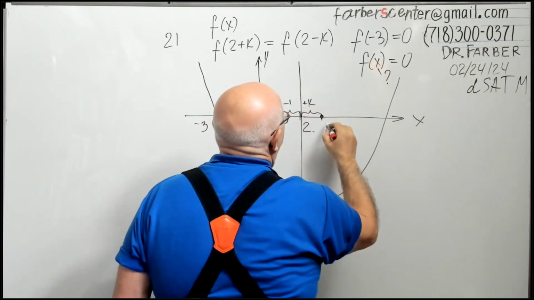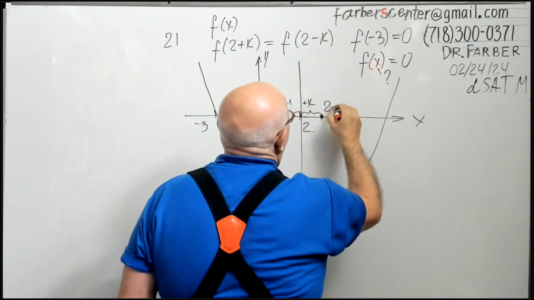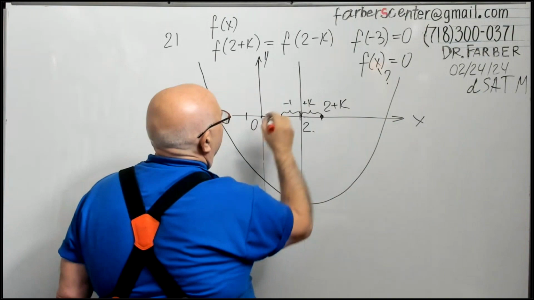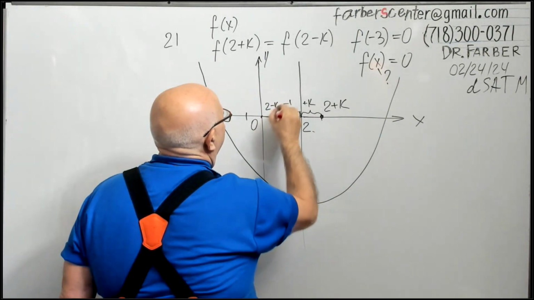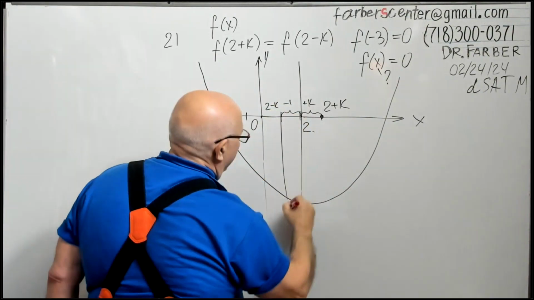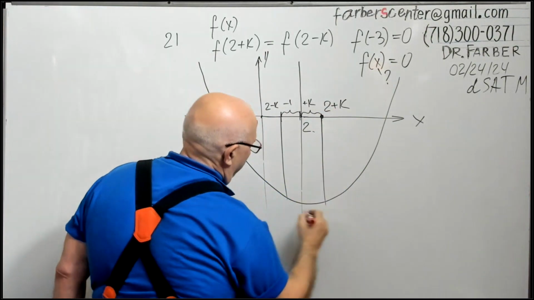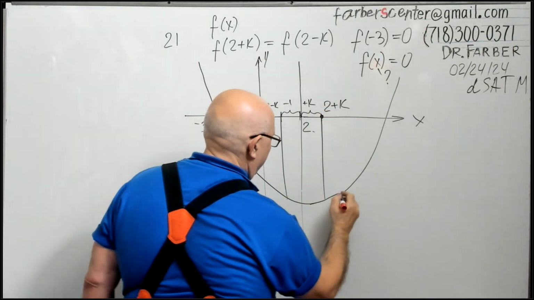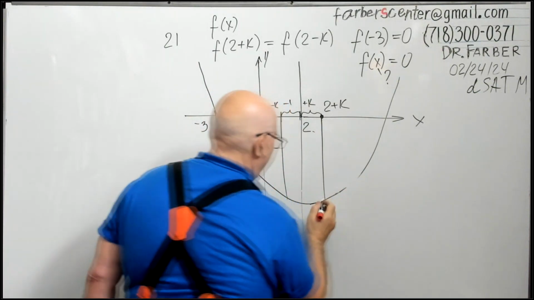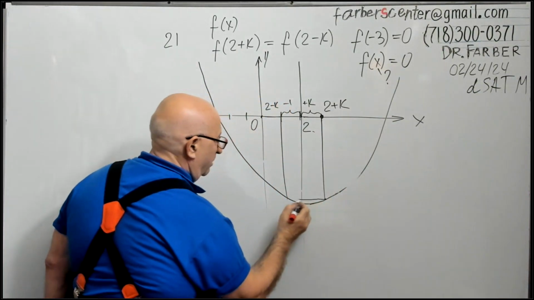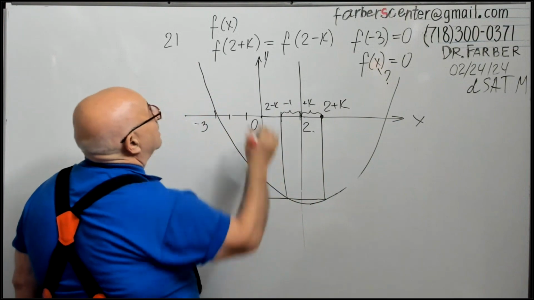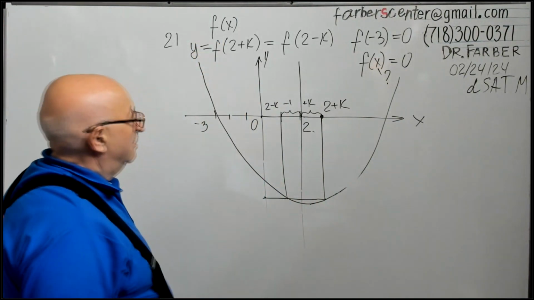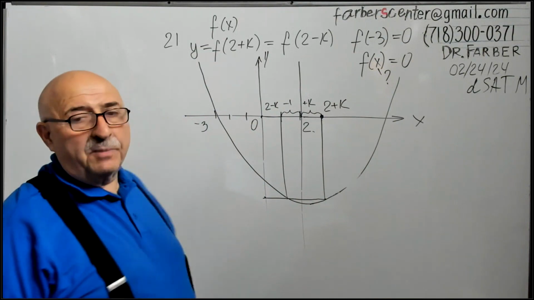This value would be 2 plus k, and this value would be 2 minus k. Since it's symmetrical, not 100% symmetrical here, I make some adjustment. And the y coordinate is the same. So the function is absolutely symmetrical.